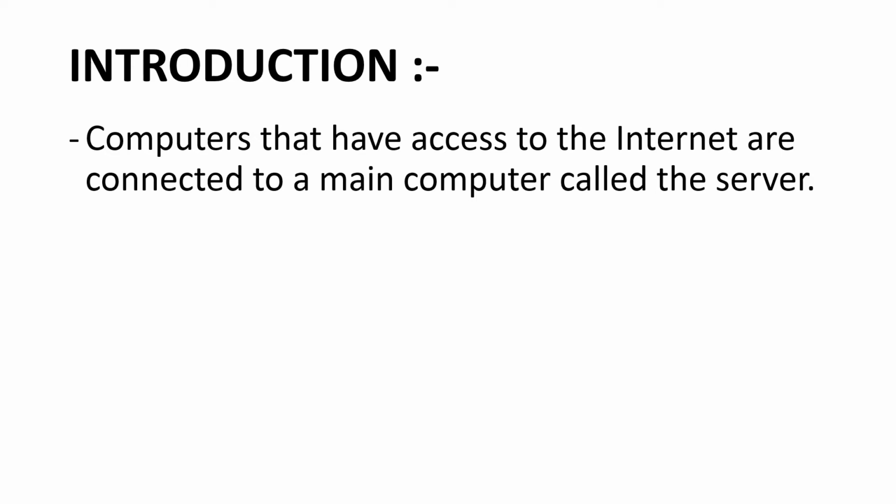There's one computer who can handle all of the remaining PCs that is available inside the lab, and that main computer is called as the server, okay. The main computer can handle all of the remaining computers, and that is called as the server. Computers that have access to the internet are connected to a main computer called the server.